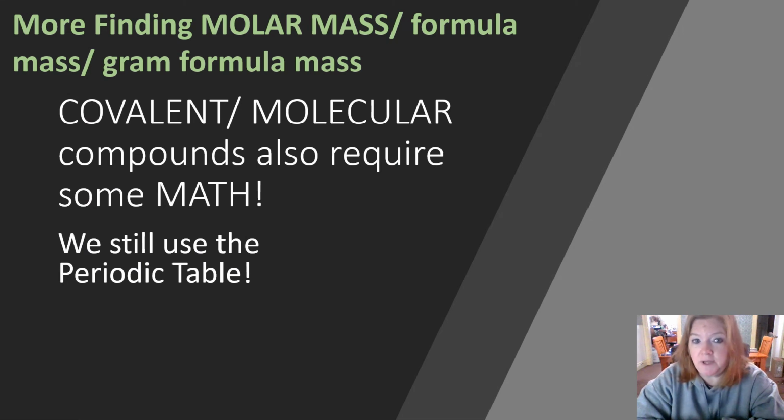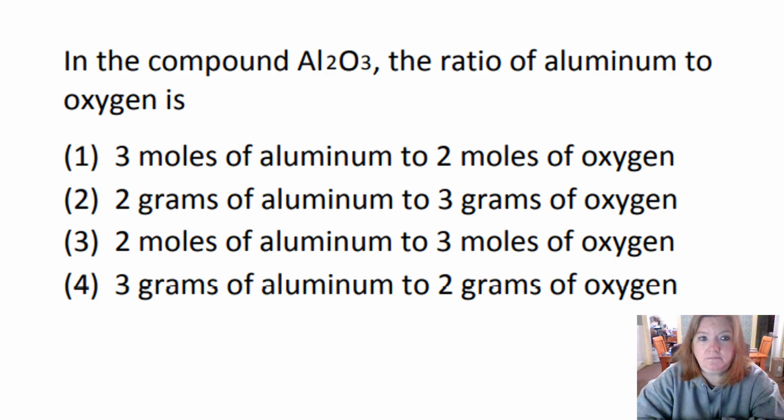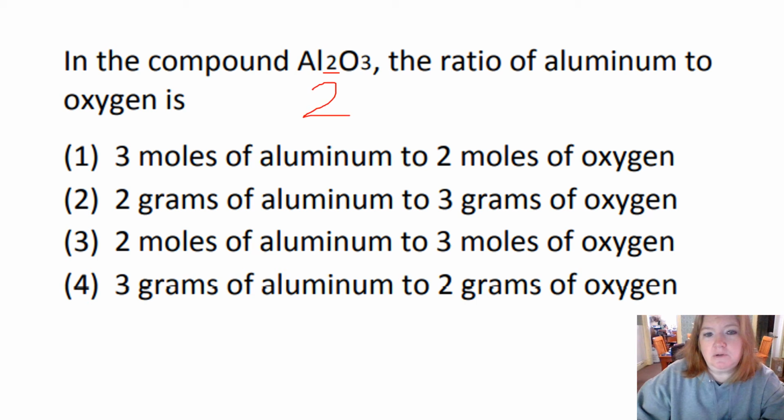If we do it for covalent and molecular compounds, it also requires math. So in this compound, what is the ratio of aluminum to oxygen? To do that, I look at how many aluminums, 2. How many oxygen, 3.